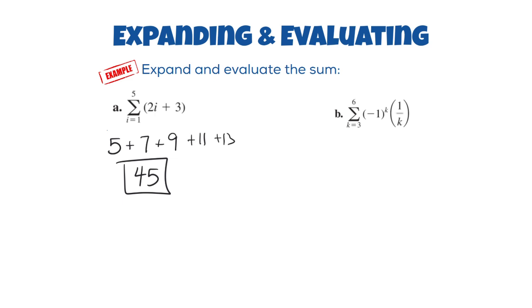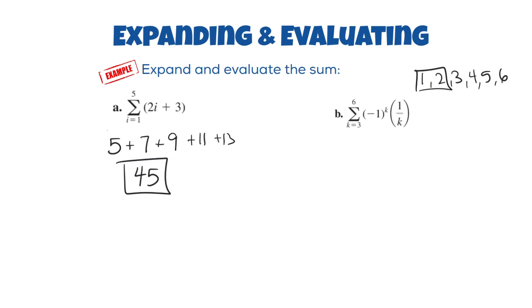I think of it like, I'm going to go till I get to 6. So instead of taking 6 minus the 3, I think, if I'm starting at 3, what am I not including? Well, I'm not including 2 of the numbers. So I would do 6 minus 2 to say, oh, there's going to be 4 terms. That's my thinking on it. But you can count on your fingers if you've got it.